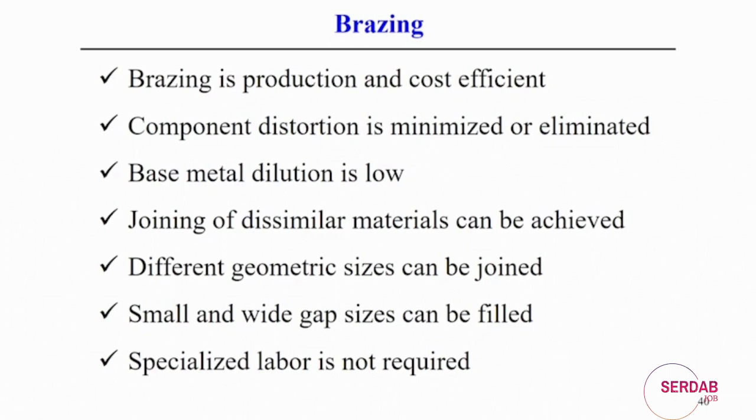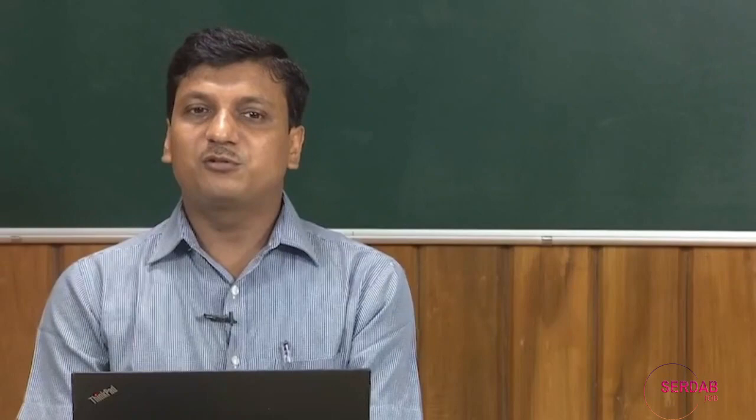Because of that, the distortion level in this process is relatively less compared to the fusion welding process. Another significant point of brazing is that the base metal dilution is low, because the base metal is affected by the heat, but there is no phase change from liquid to solid.